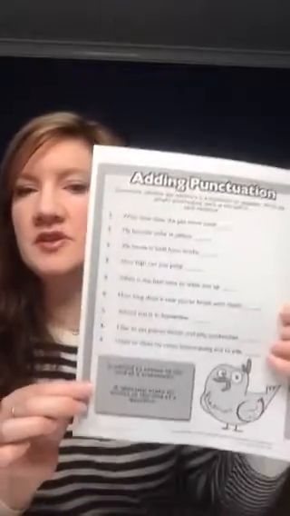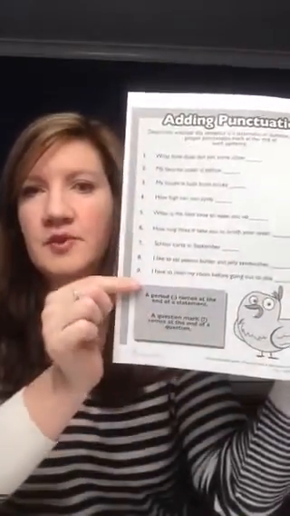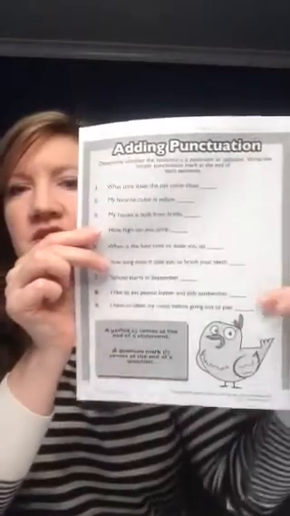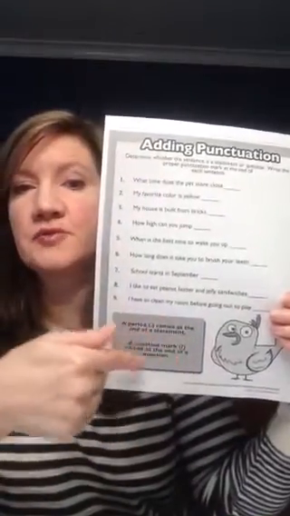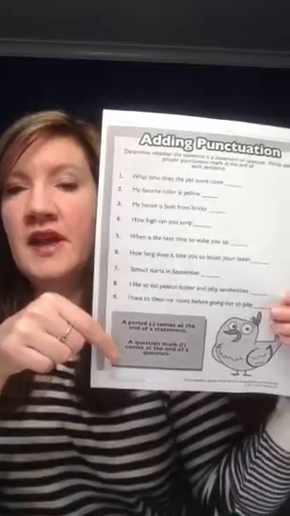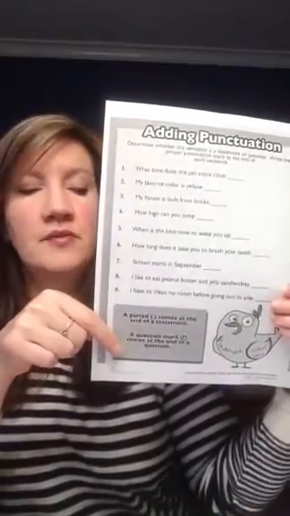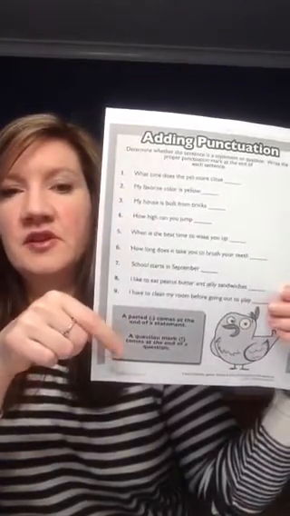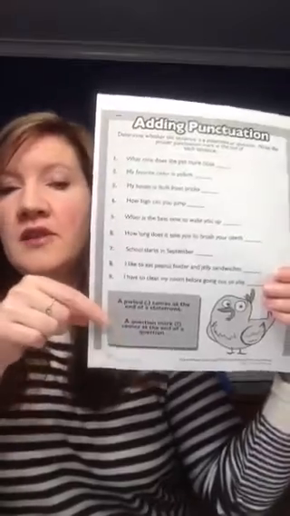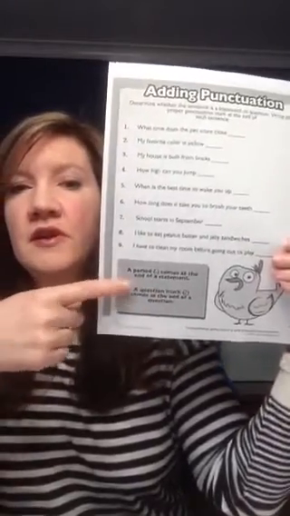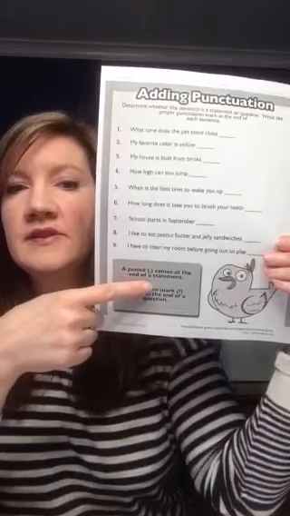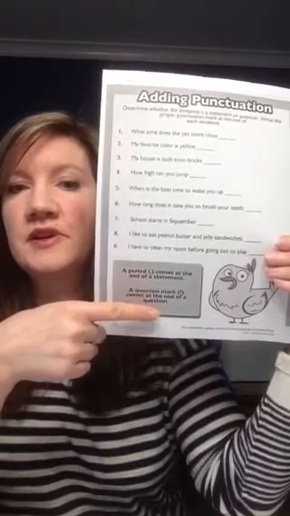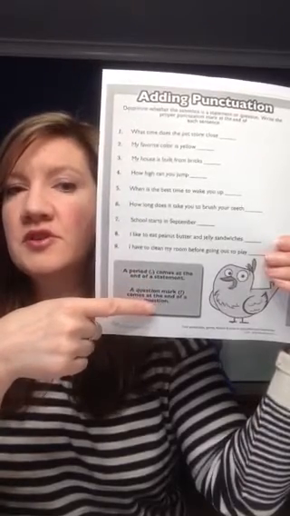Adding punctuation. So I read over the sheet, okay, as we were taught to do, reading all the directions and the blurbs. We know the blurbs and the captions often give us important information that we need to know. This caption here says that you're going to be using periods and question marks for your punctuation.